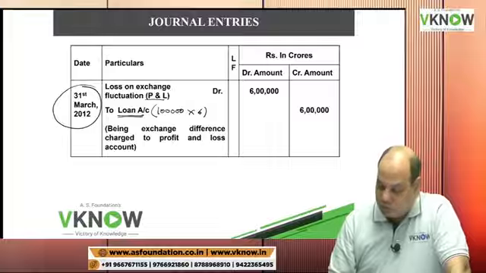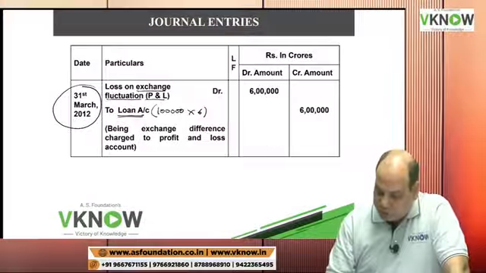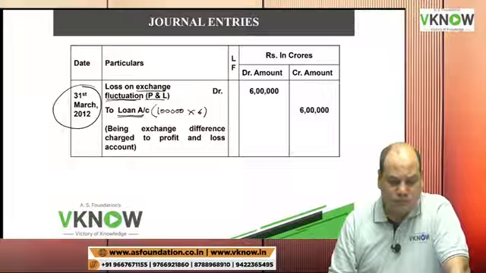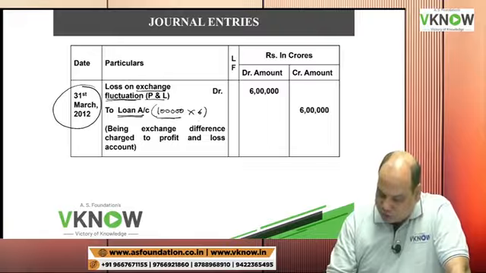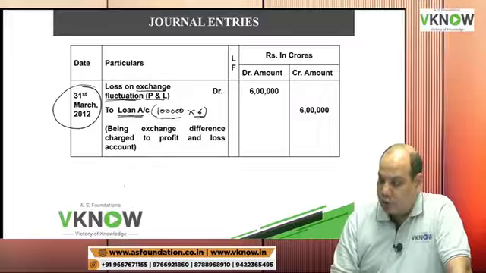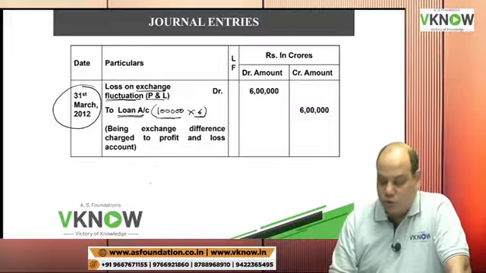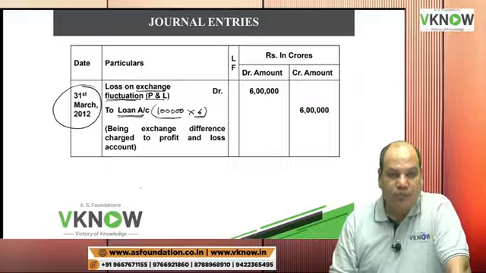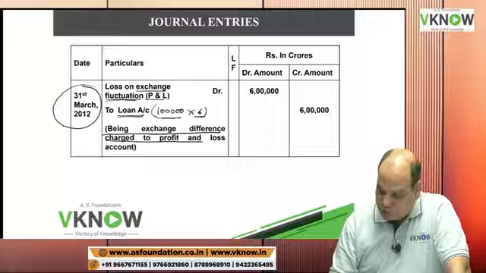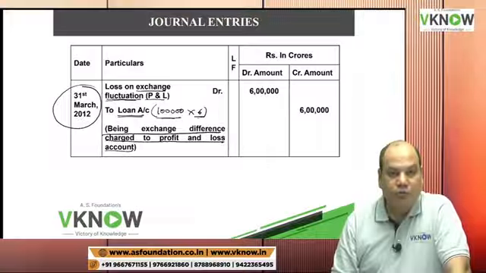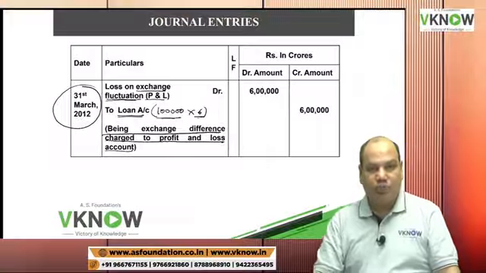Oh my God. So your entry will be exchange difference (P&L account) debit 6 lakh, 1 lakh into 6 rupees change in rate, to loan account 6 lakh. Being exchange difference charged to P&L account.